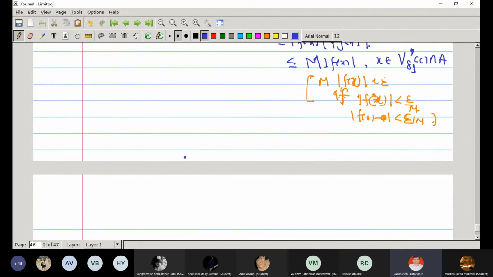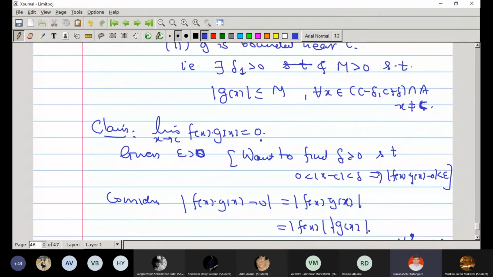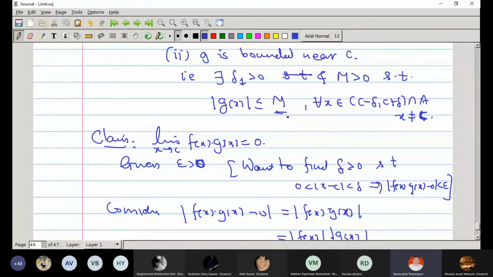Epsilon is given, and we know the number m also, which is a bound for g in this neighborhood. So what is the strategy?